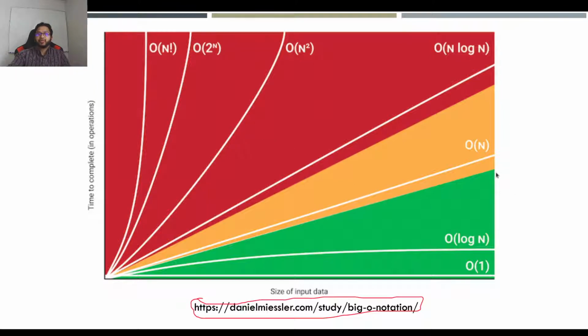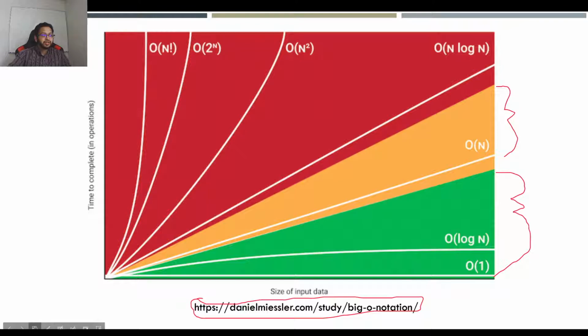Essentially, we want to stay within this green zone because it would take a certain amount of time. This is okay as well, but we have to worry about really big things that we're running our code on because it'll scale proportionally, and everything else is kind of putting you in the danger zone. We don't really want to be there.